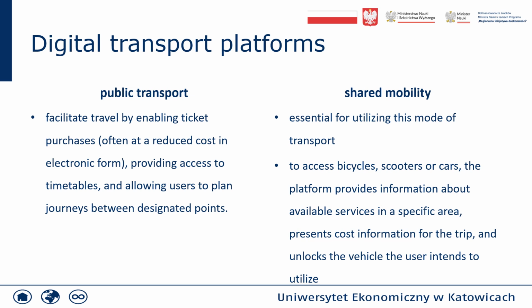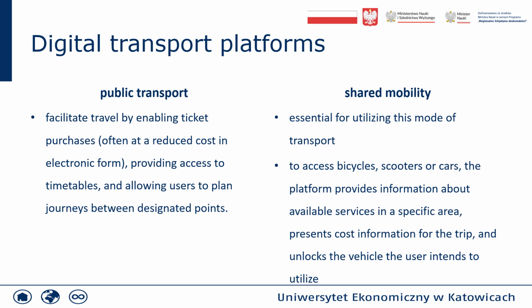These routes can also be optimized to meet the specific requirements of individual users, such as minimizing travel time or reducing the number of transfers. Access to timetables or ticket purchases for multiple urban areas from a single platform can also be a positive aspect and a factor influencing participant choices when selecting a platform to use.